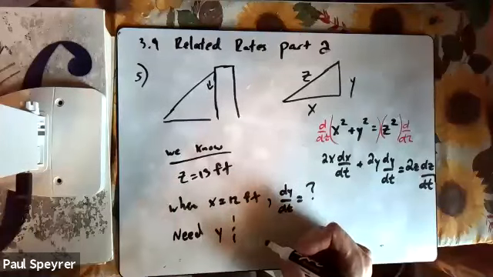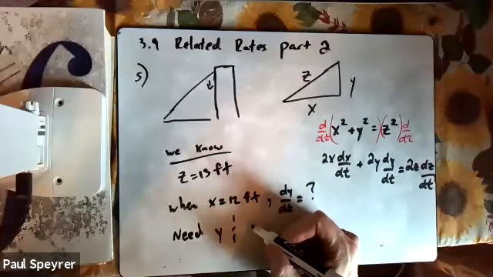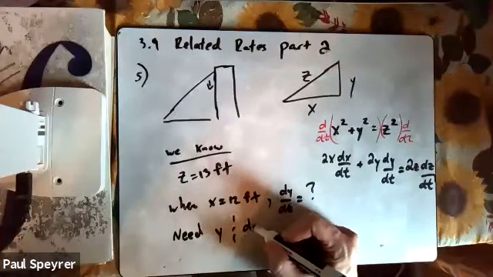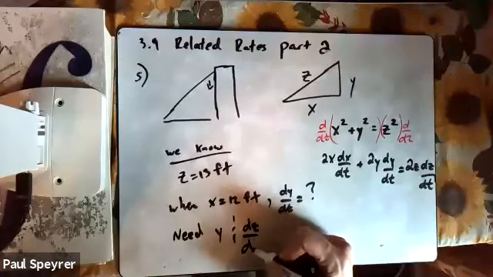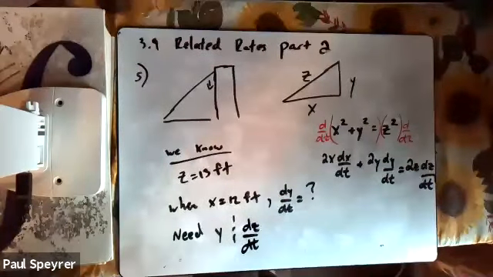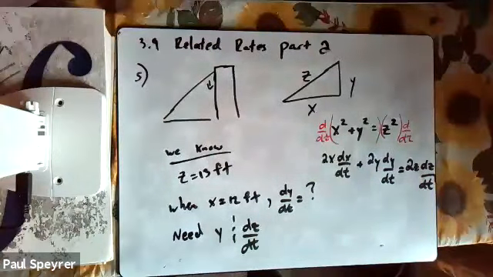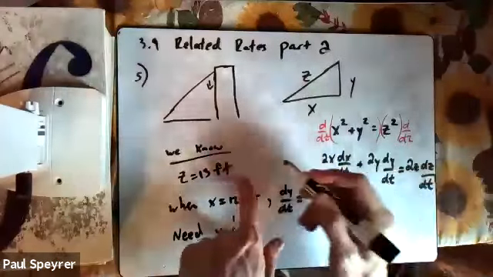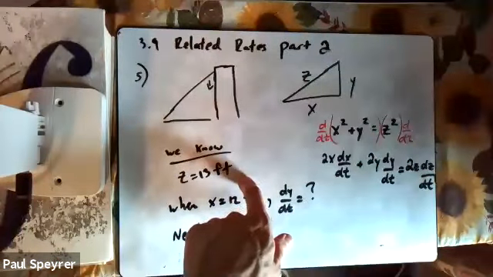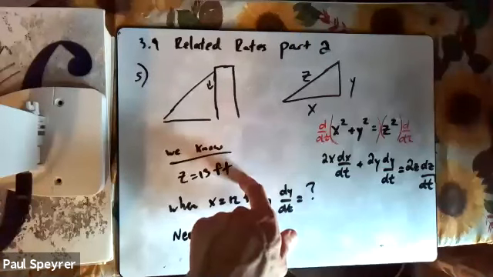We need a dz dt. And one more thing, right? What are we missing? Anything else that we're missing? No, we have everything. Something I forgot to mention from the we know column is we know dx dt, correct?